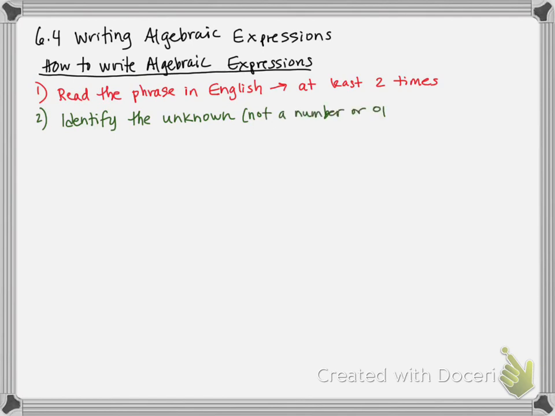Now, interestingly enough, most of the time it is the phrase a number. Okay, so a number is going to be the unknown. We don't know what that is, so it is going to be a variable. So I'm going to teach you a phrase that if you learn it now, life will be so much easier. And that's called define the unknown, and sometimes I'll say define the variable.